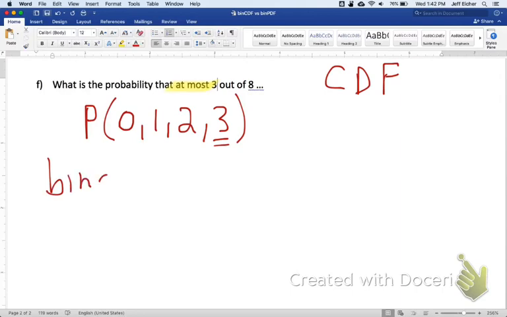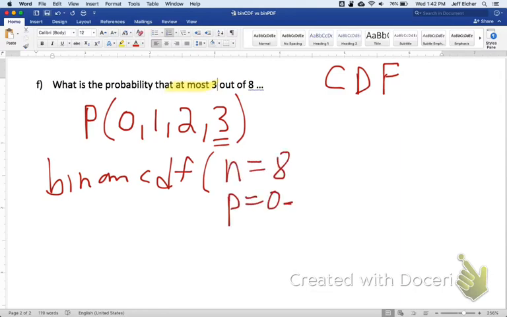We could just do BinomCDF, where n is 8, p is 0.25 still, and x is 3. Again, making sure that you label these n, p, and x. So using our graphing calculator, again, we don't have to subtract from 1.